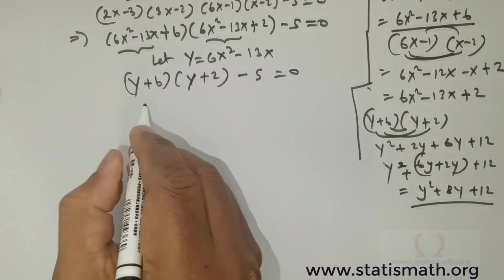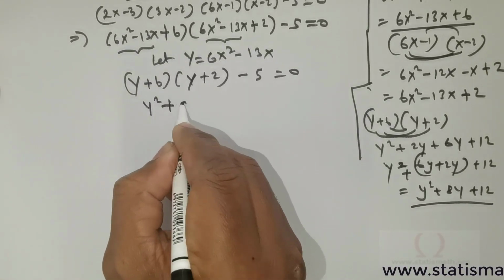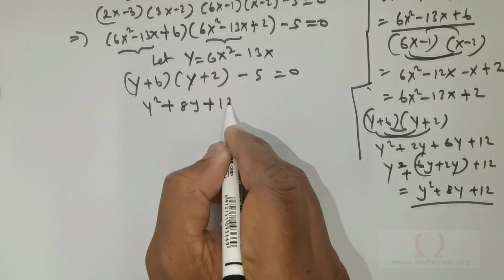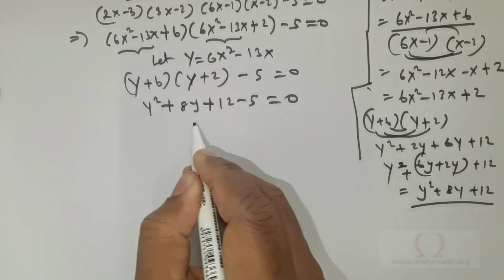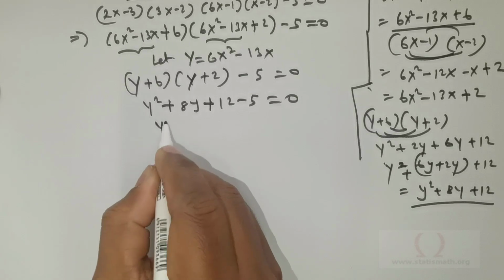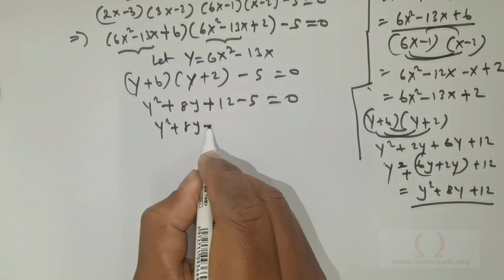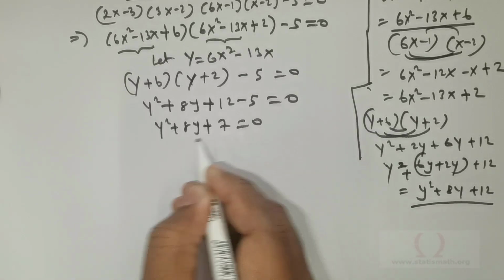So I would place that term, y² + 8y + 12 − 5 is equal to 0. This would give me y² + 8y + 7 is equal to 0.